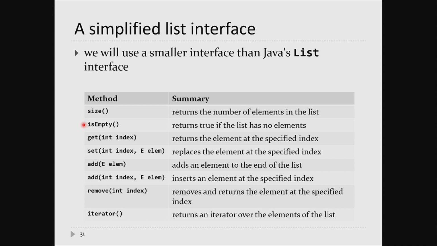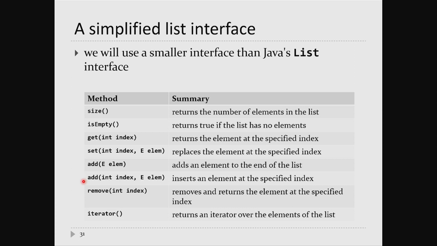So size and isEmpty, we've seen those before. I want to be able to get an element from a list via its index, and I would like to replace an element in a list via its index. So that's get and set. I'd like to add an element to the end of a list, and I'd like to be able to insert an element into a particular location in the list.